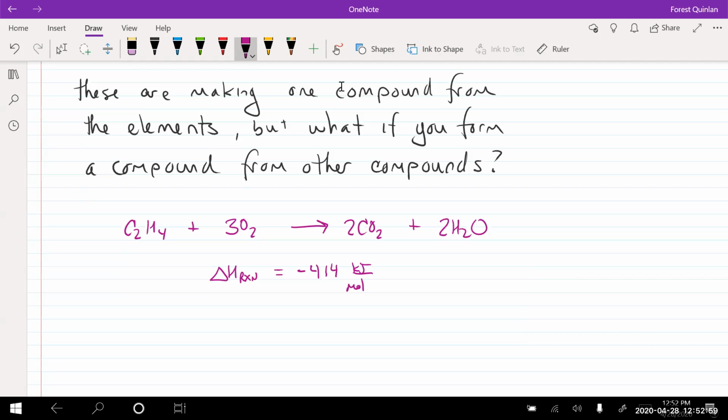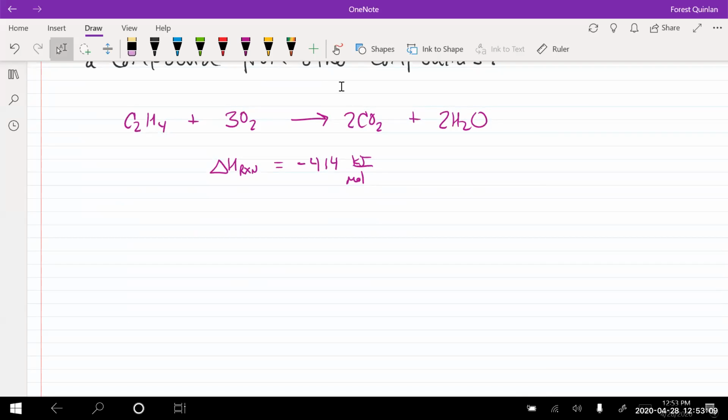But from this, we could actually use information we already have written above to figure out how much energy is actually stored up inside of this C2H4. Actually, I'm not going to ask the question.